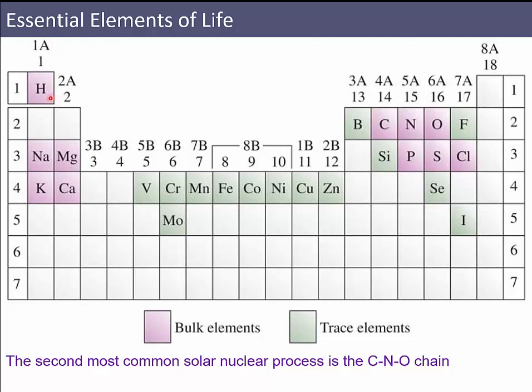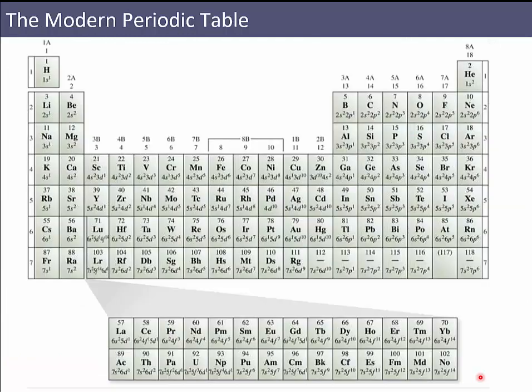But then the second most common nuclear process is something called the CNO chain. You start taking some of the helium and hydrogen, you start making carbon, and then nitrogen, and then oxygen. And some of the elements that we need the most just happen to be the ones in that CNO chain. So this is what our modern periodic table looks like.